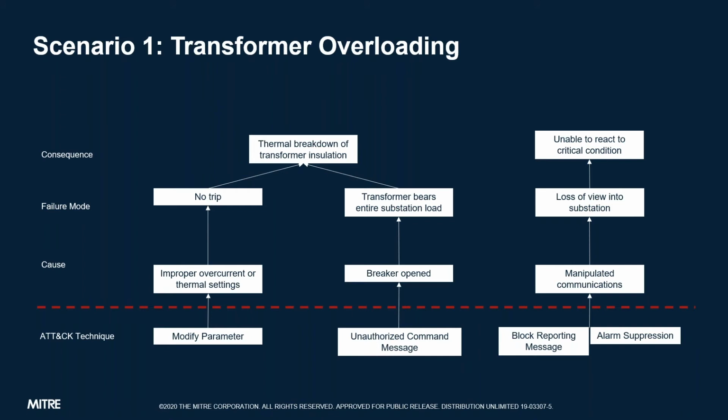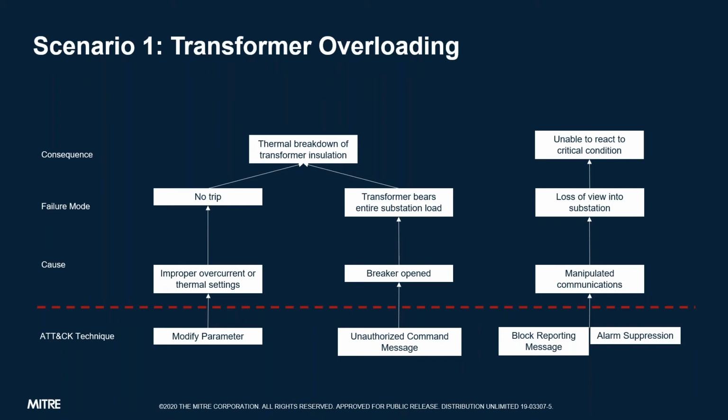Starting on the left, we want to cause a no-trip situation on the breaker of choice, and we do this by improper overcurrent or thermal settings. If we think about the attack technique we need for that, we can modify a parameter to be too wide or too narrow so that it doesn't trip when it's supposed to.